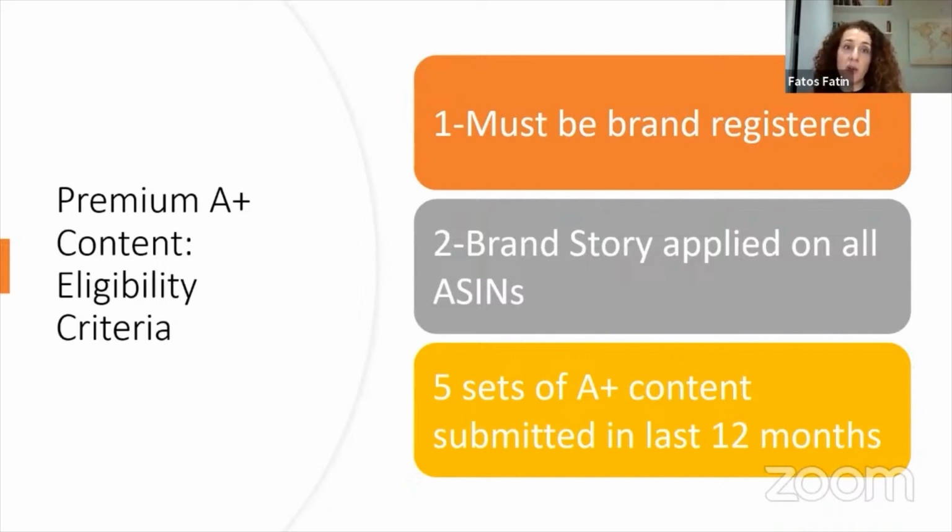So the brand story, which sits directly above your A+ content, that needs to be applied to all of your listings. And then the last one, and this has recently changed, it used to be 15, but if you've had 5 sets of A+ content submitted and approved in the last 12 months, then you qualify for premium A+ content.